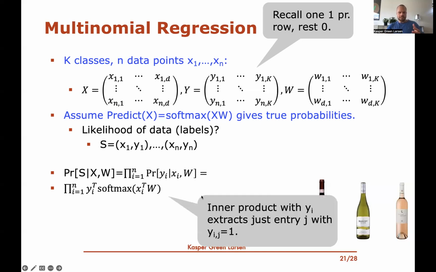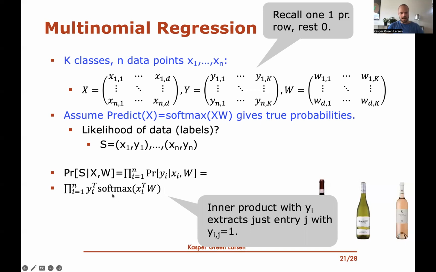Recall that this vector yi is a 1-in-K encoded vector, meaning that the jth entry has a 1 and 0 everywhere else, where the jth entry corresponds to the class or the label of this element.